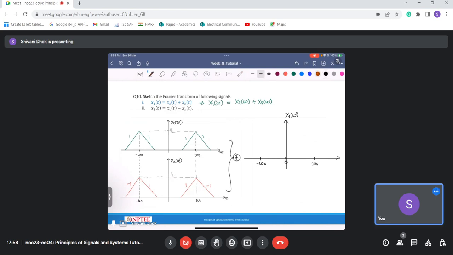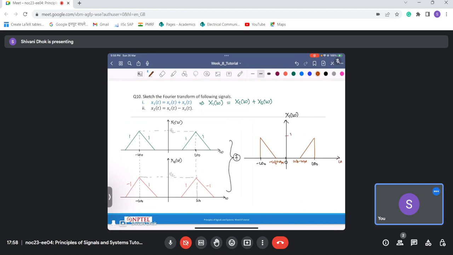So basically what I am going to get is something like this. Okay, this is omega naught minus omega naught plus omega m. This is omega naught minus omega m, and this magnitude is 1.